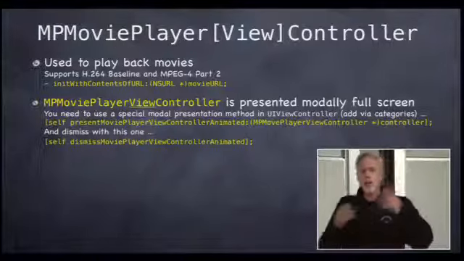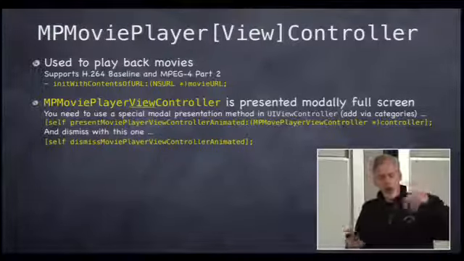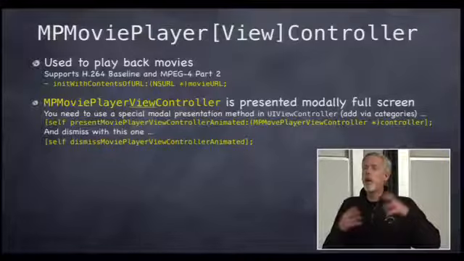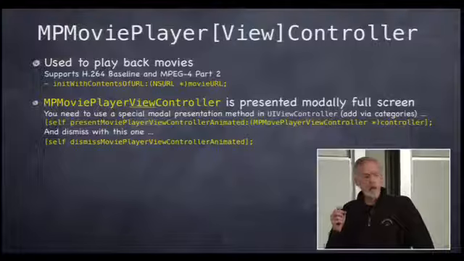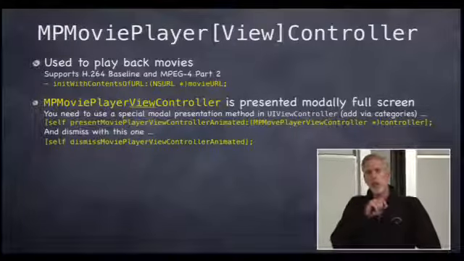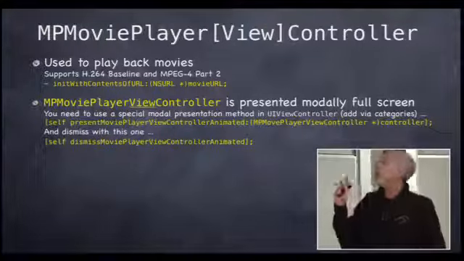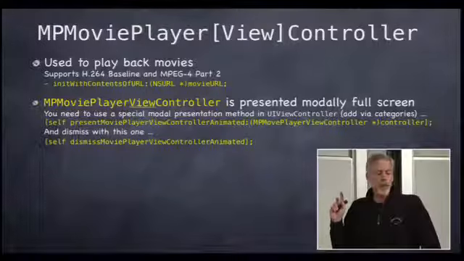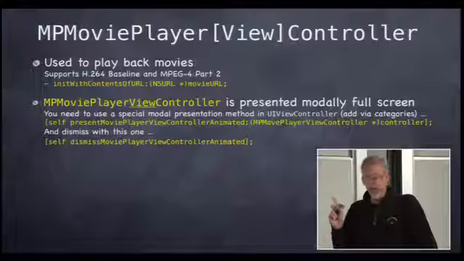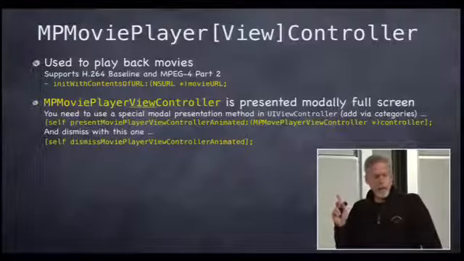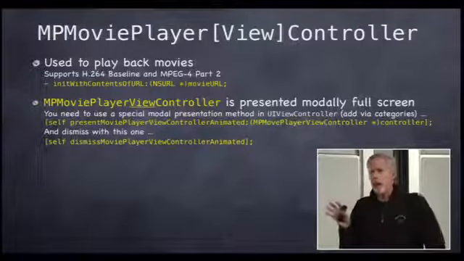On the iPhone it is full screen. I'm not really sure, but I think it's probably full screen on the iPad as well. The thing that's different about it, though, is you don't present it using the normal presentModalViewController. You use these two methods to present and dismiss it: presentMoviePlayerViewControllerAnimated. These are added by using categories. But otherwise, it acts just like a modal view controller.